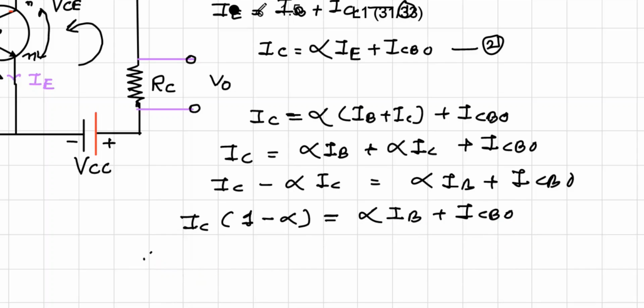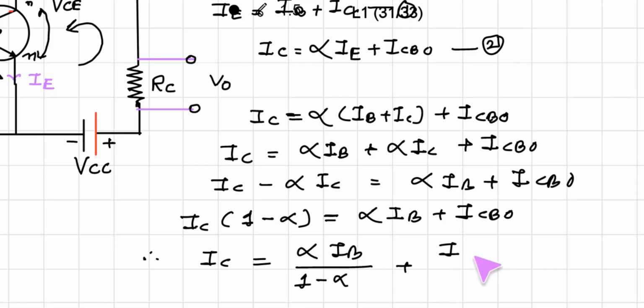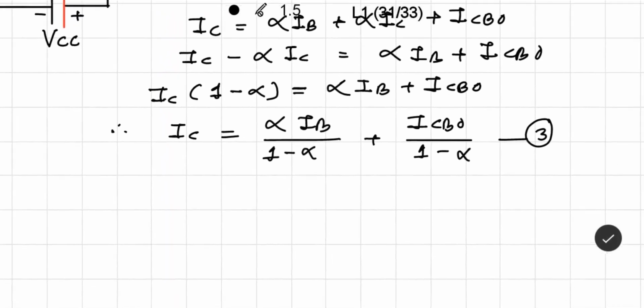So therefore IC is equal to, now this term is multiplying here, it will divide the other side, that is alpha times IB upon 1 minus alpha plus ICBO upon 1 minus alpha. So let us consider this expression 3.